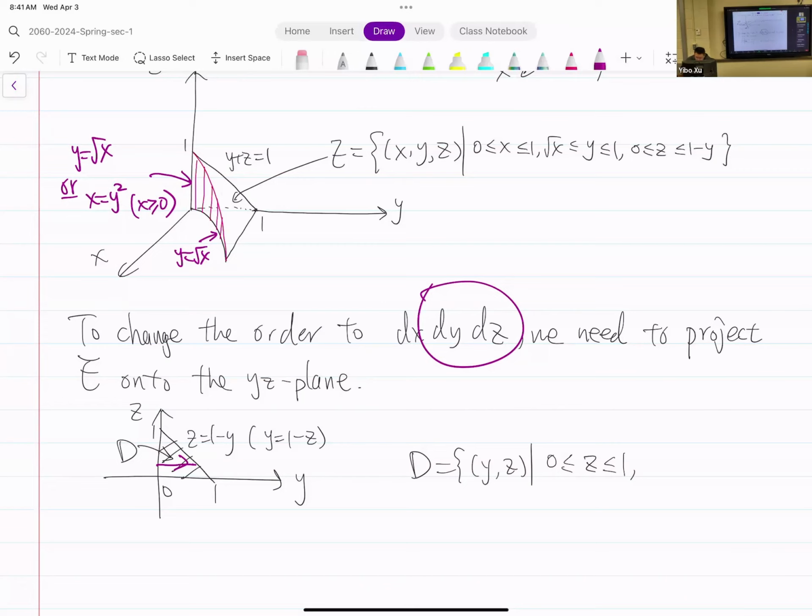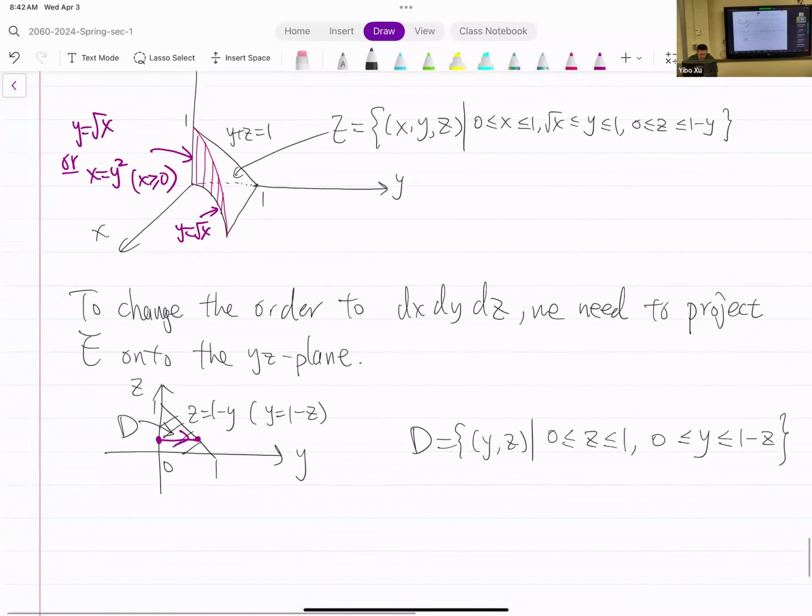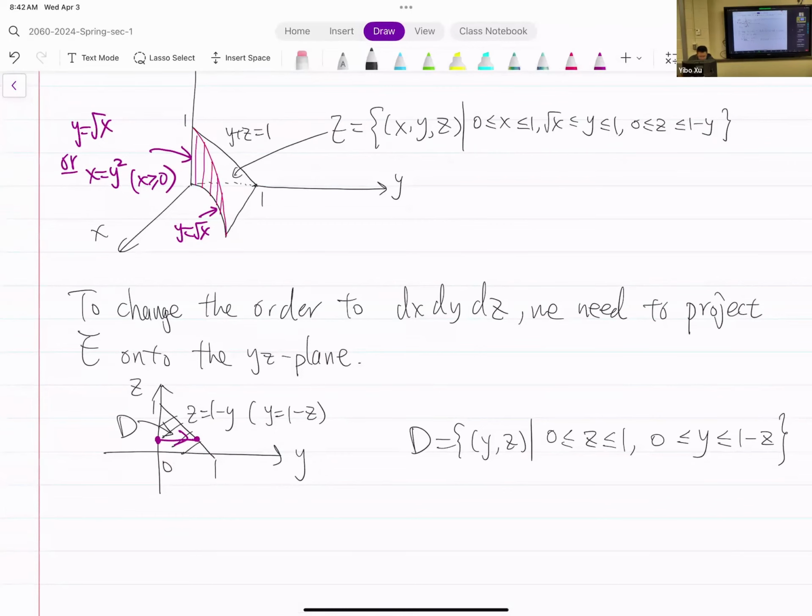Okay, so that's the reason that we decide z to be free first. So z is between 0 and 1, so it's definitely horizontal bars. And then y is cut between 0 and 1 minus z. Okay. So we are looking for the y coordinates of the ends of the segments. All right, so that's the region.